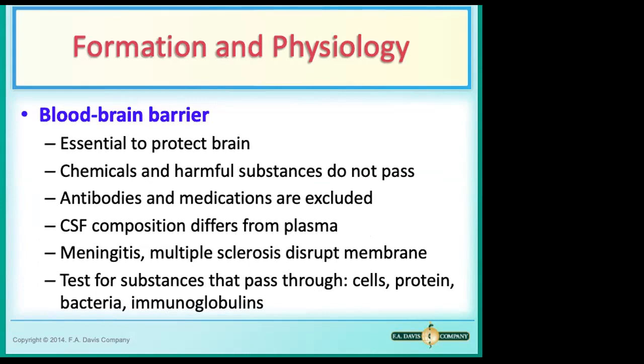Disruptions of this blood-brain barrier occur due to certain diseases, and some of those diseases include meningitis. Sometimes it happens in multiple sclerosis, and this allows leukocytes, proteins, and additional chemicals to enter the CSF.